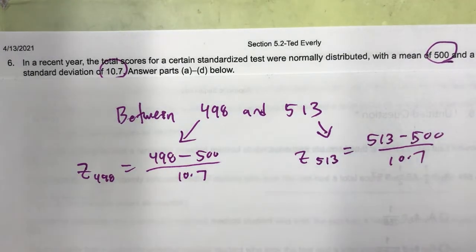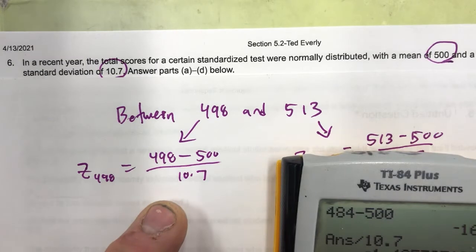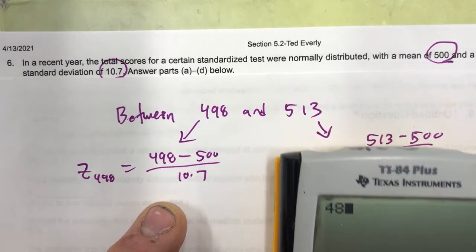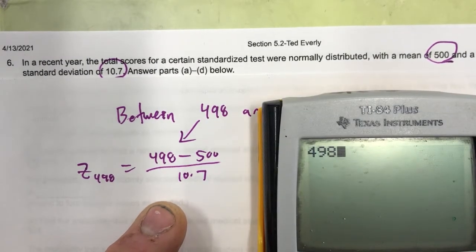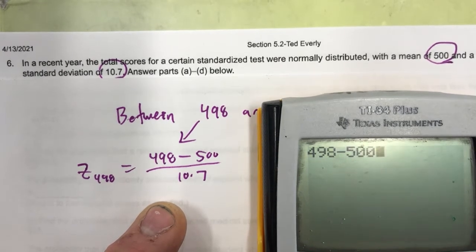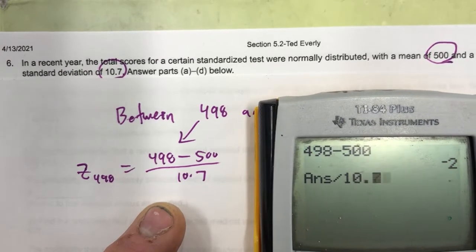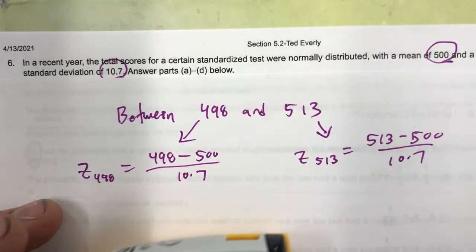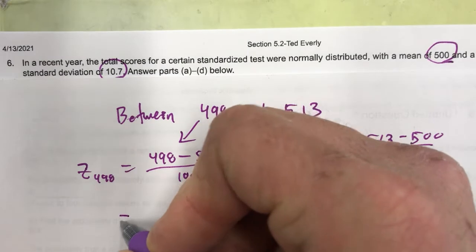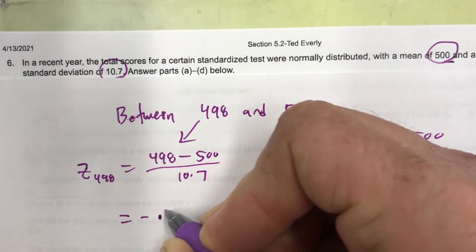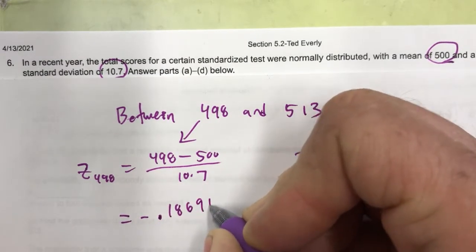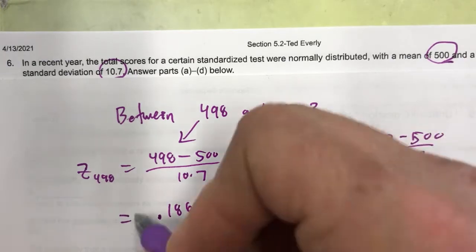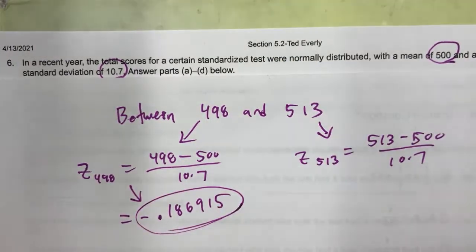So I got to type both these in the calculator. So typing this one first, 498 minus 500, enter, divide by 10.7. And I get negative 1.1869. Okay, there's my z-score for that one.